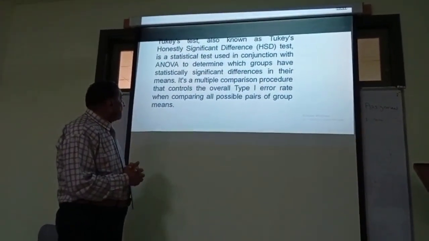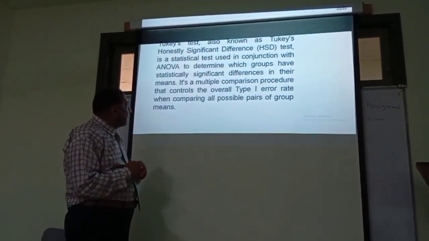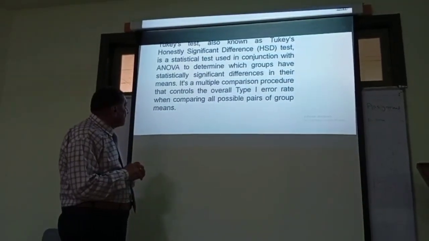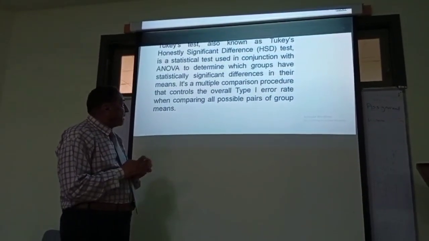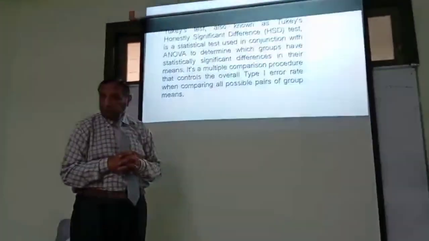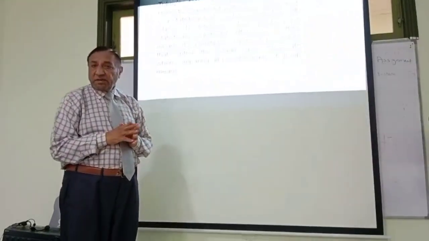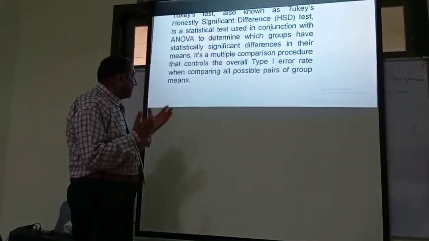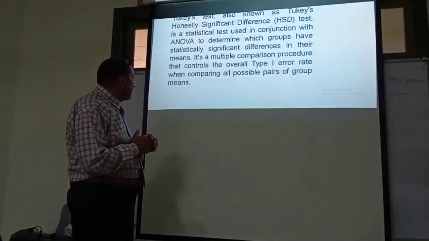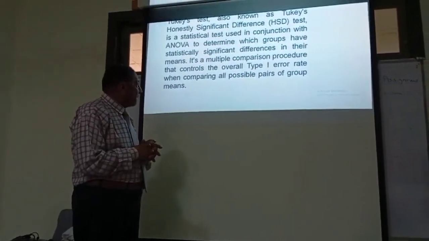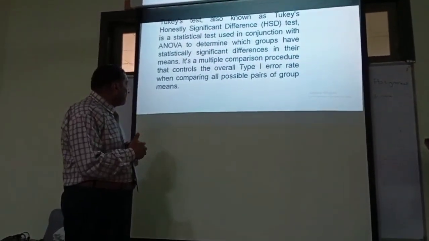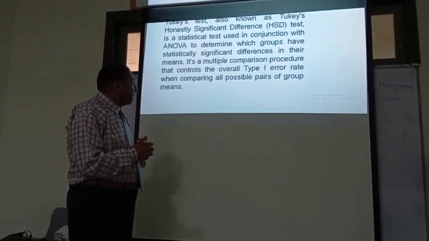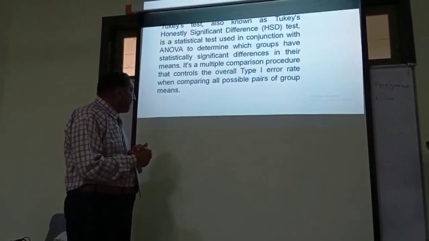Tukey's test, also known as Tukey's honestly significant difference test, is a statistical test used in conjunction with ANOVA. ANOVA means analysis of variance, to determine which group has a statistically significant difference in its mean. It is a multiple comparison procedure that controls the overall type 1 error rate when comparing all possible pairs of the groups. Next, please.